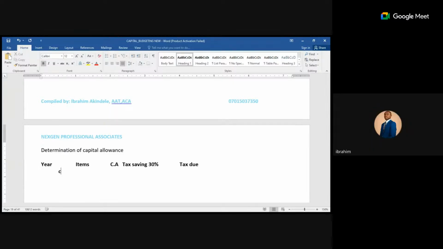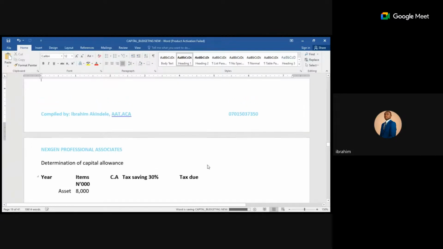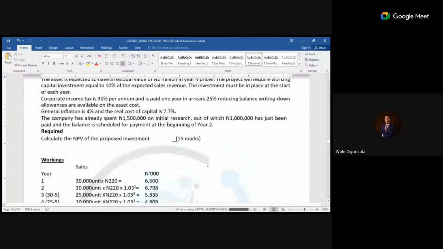Let me just use it this way. Assets, 8 million. So what is the capital allowance? 25%, let's check.